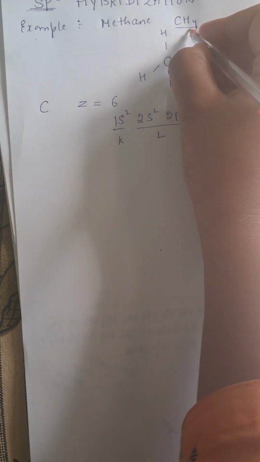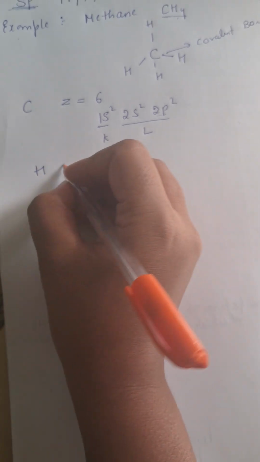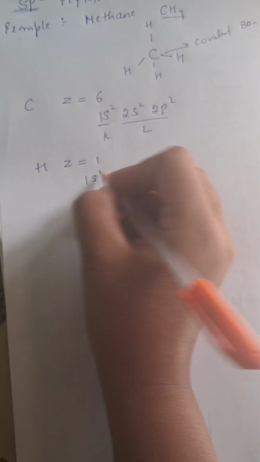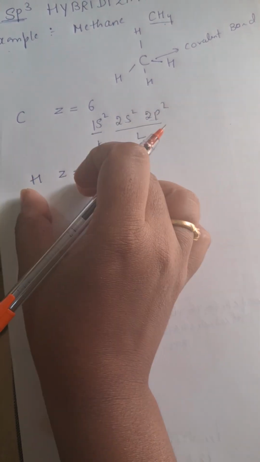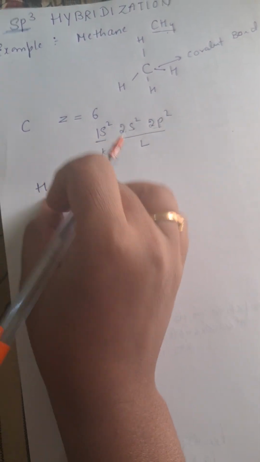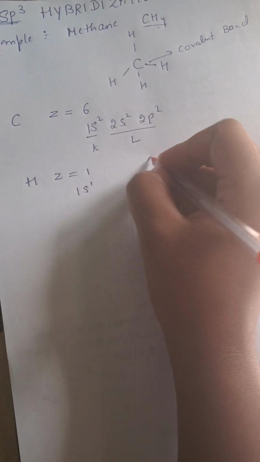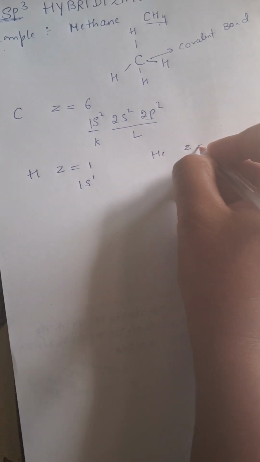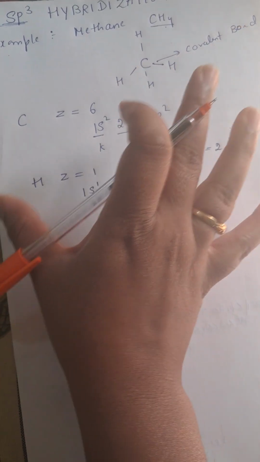Next we have hydrogen, whose atomic number is 1 and configuration is 1s1. Hydrogen wants to be stable like helium, whose atomic number is 2. But except hydrogen, all other elements want to be stable with 8 electrons in the configuration.